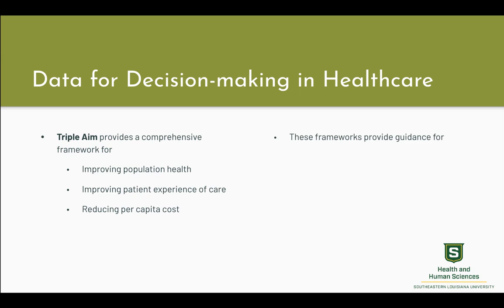What the triple aim framework helps to do is provide guidance, and part of the guidance is how to collect data and how to make decisions based on the data, an evidence-based approach.